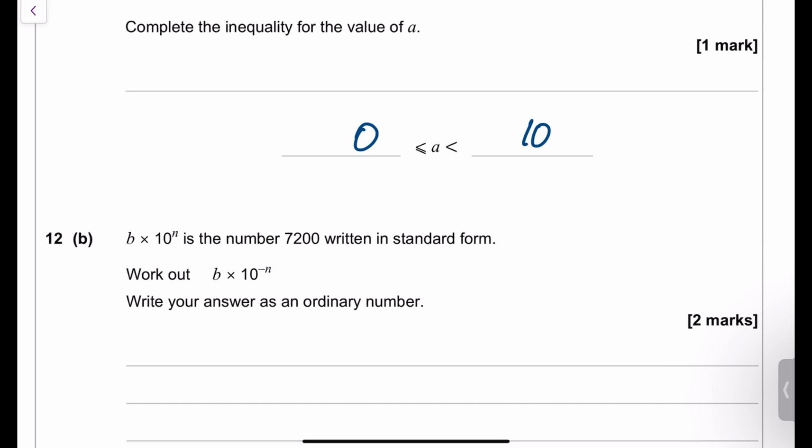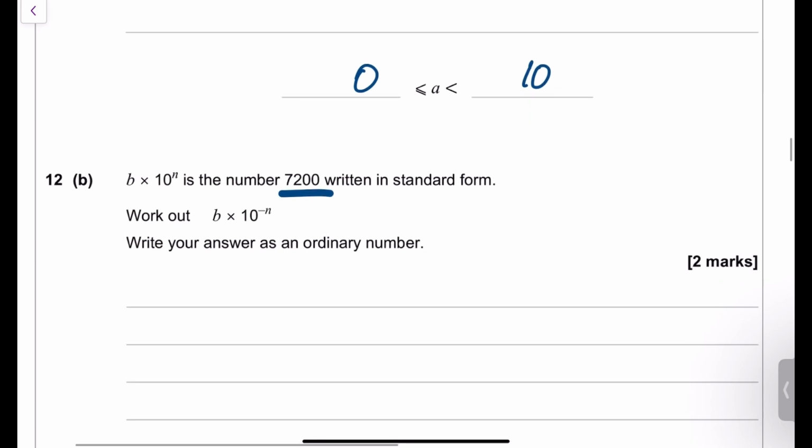B times 10 to the power of n is a number, 7,200 written in standard form. Work out B times 10 to the minus n. Right, so we're going to have to work this out. B times 10 to the power of n is equal to 7,200.